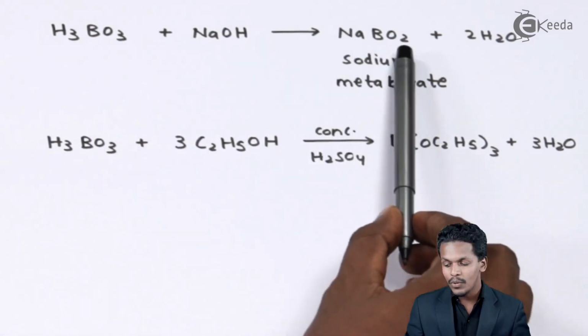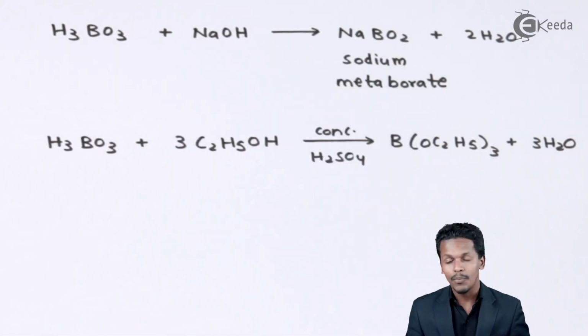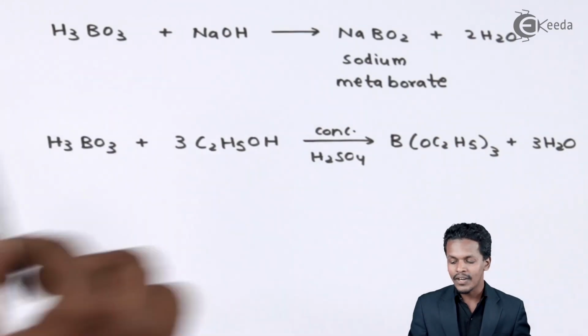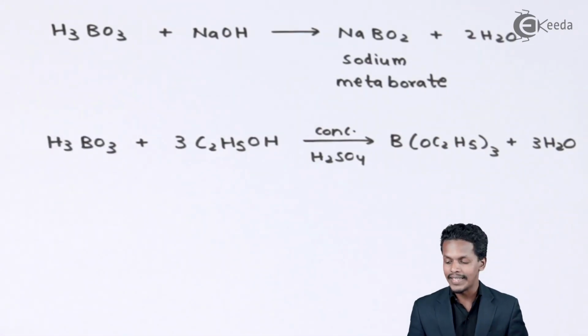So this NaBO2 is known as sodium metaborate, and that is a salt. We could also obtain water as a byproduct. So this was a neutralization reaction, or a formation of a salt that consists of boron. And now let us move on to the next one, and this is the reaction that we will talk about.